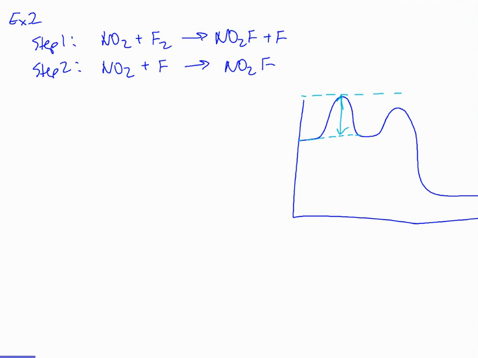And so for this one, which step is the slow step? How can you tell? Step 1 has the larger activation energy.